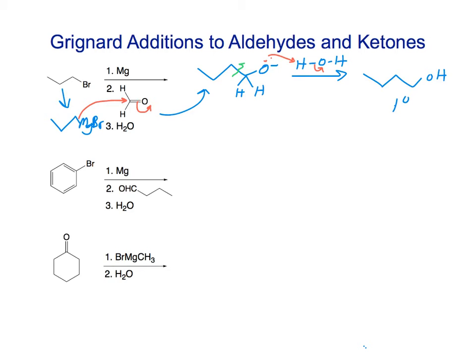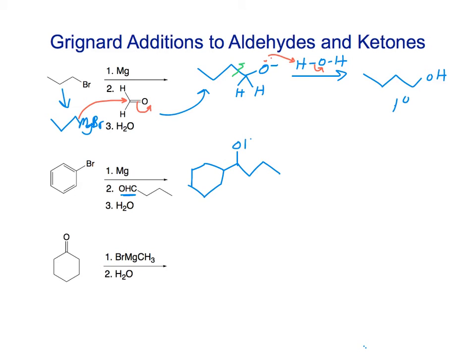Okay? We can react Grignards with other aldehydes. So here's a little bit longer aldehyde. The Grignard would be formed from this bromobenzene. That would attack the aldehyde, and we would get this.